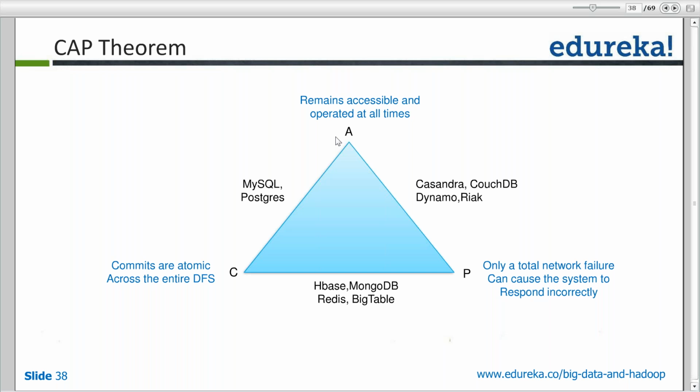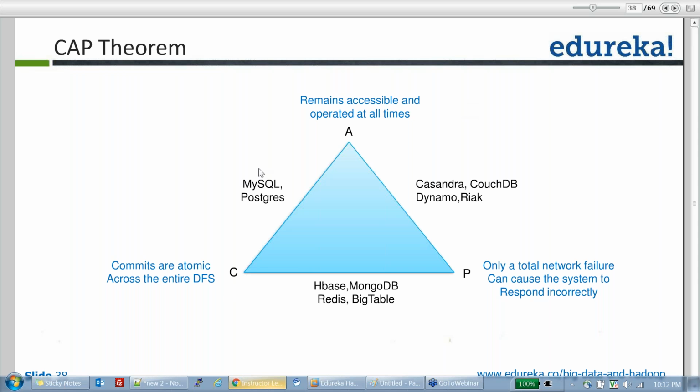That's called availability. But by adding a few other Hadoop tools, HBase is now made available also. So HBase is an exceptional case. HBase satisfies all the three things of your CAP.